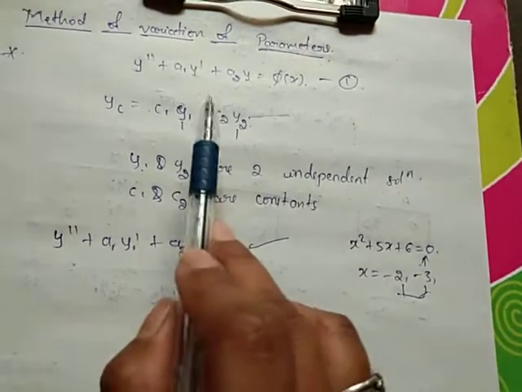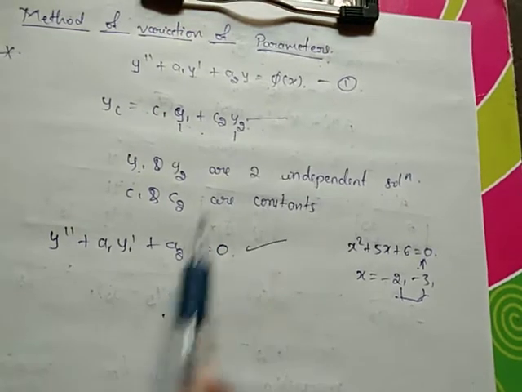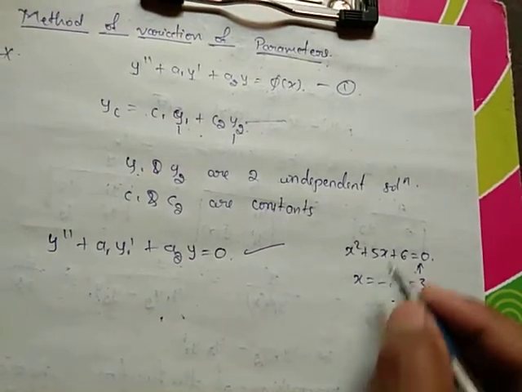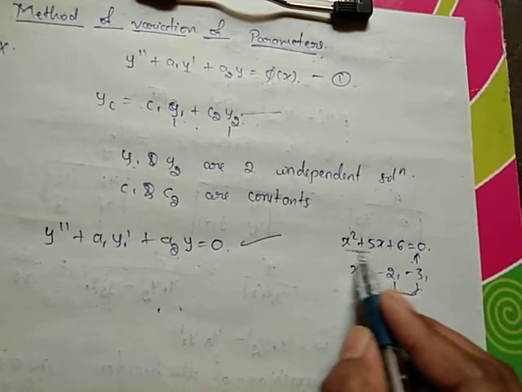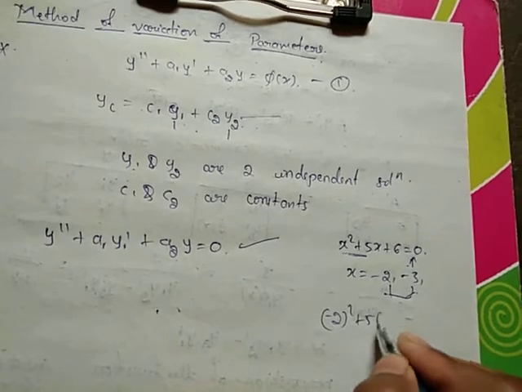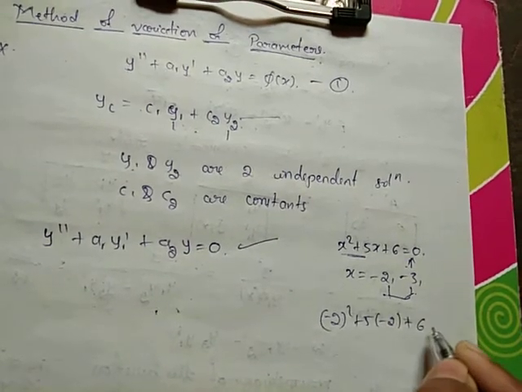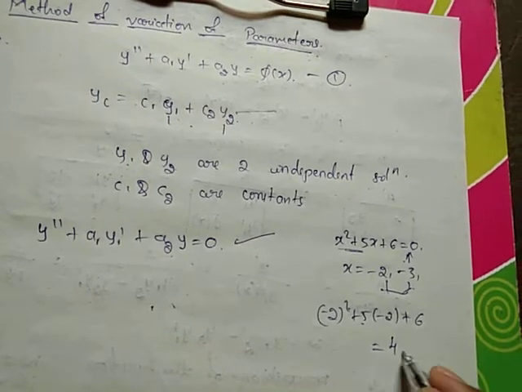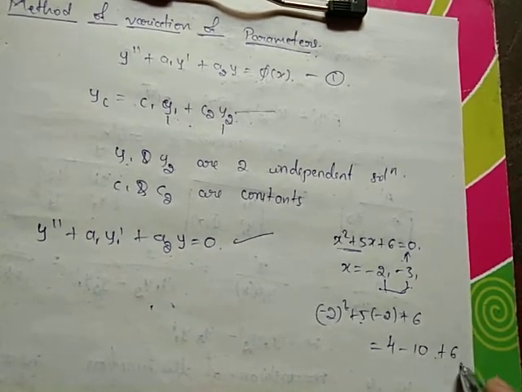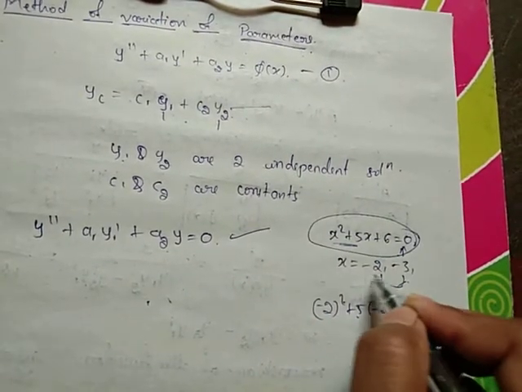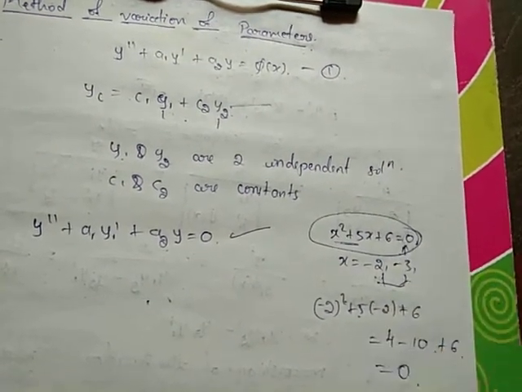If we replace the x values in this equation, that should satisfy: minus 2 whole square is 4, 5 into minus 2 is minus 10, plus 6 equals 0. That satisfies the condition. If we replace the x value, that satisfies the RHS.